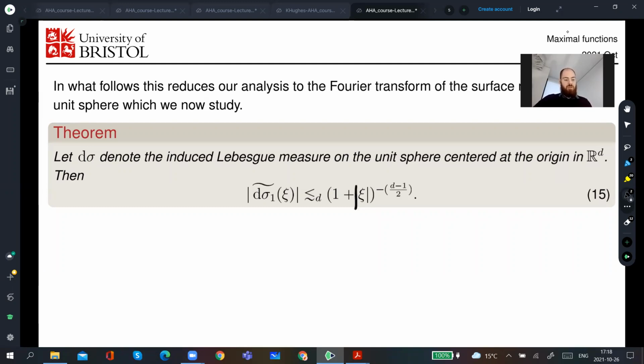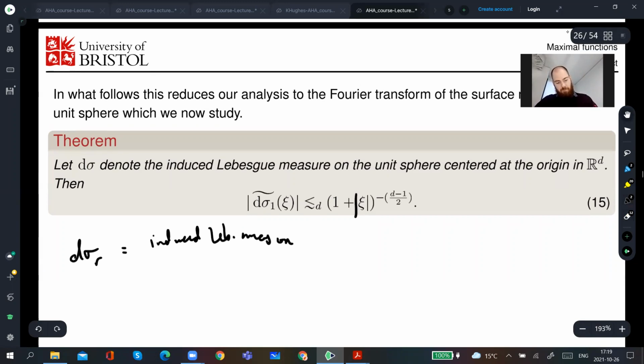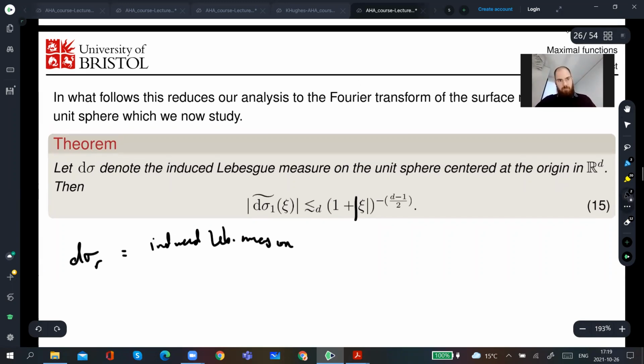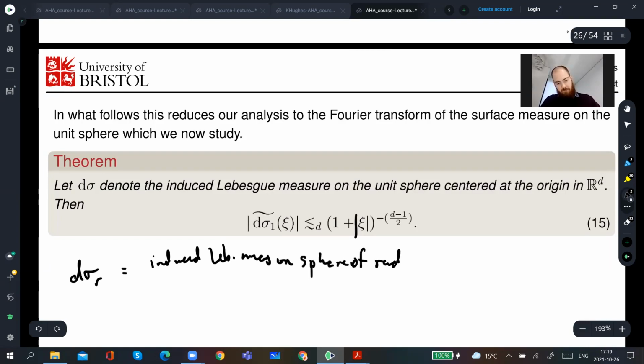And all of those are related to each other in the following way. If d sigma r is induced Lebesgue measure on S of r, the sphere of radius r, let me just write that down. Then that's induced Lebesgue measure, which I was writing as d s.